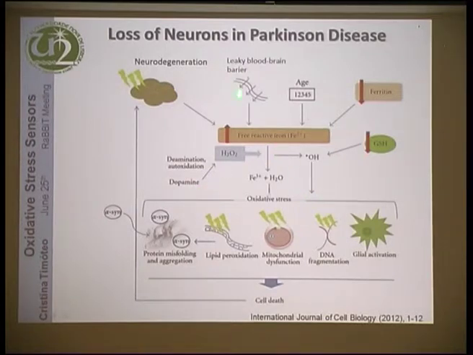Also, the blood-brain barrier becomes leaky, and all of this produces a higher free iron concentration. And this, when it encounters hydrogen peroxide, produces hydroxyl.